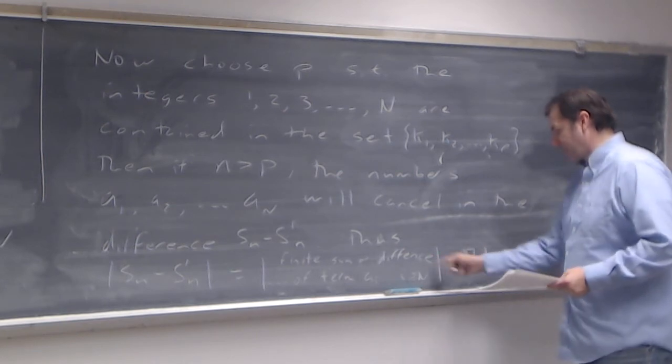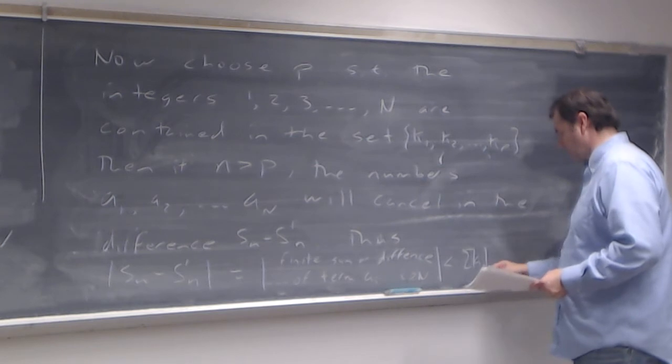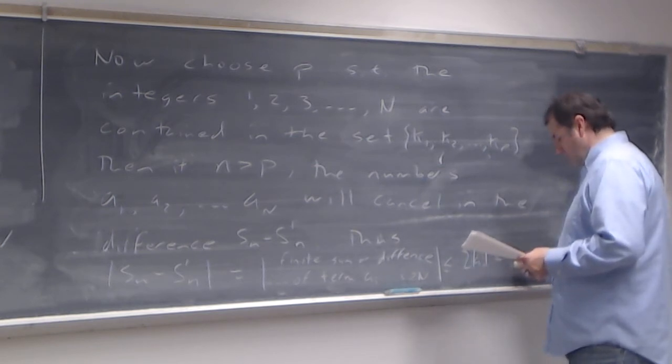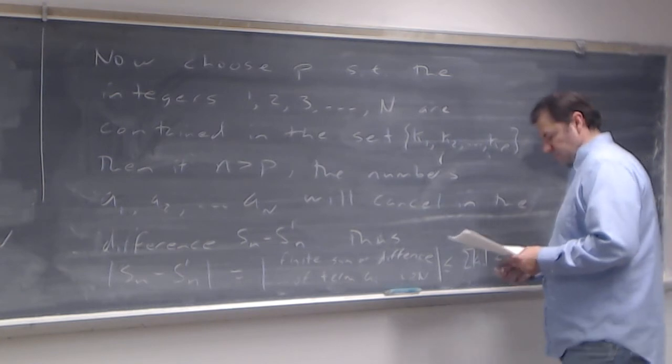That's bringing the absolute value within the sum. And that's going to be less than epsilon.